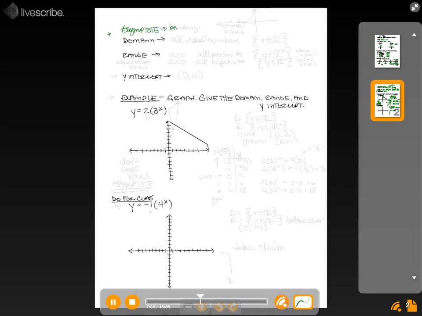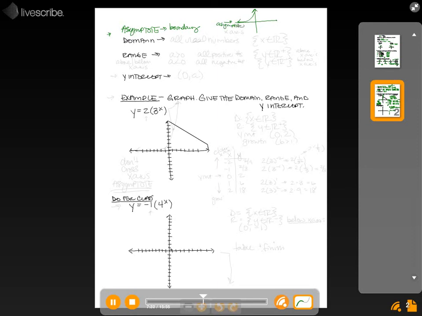What an asymptote is, is a boundary. Okay? It's a line that a graph will never cross. It's going to get really, really, really close to it, but it will never cross. And for all of these graphs we have, our x-axis is our asymptote. So if we look here, here is our asymptote. Okay?